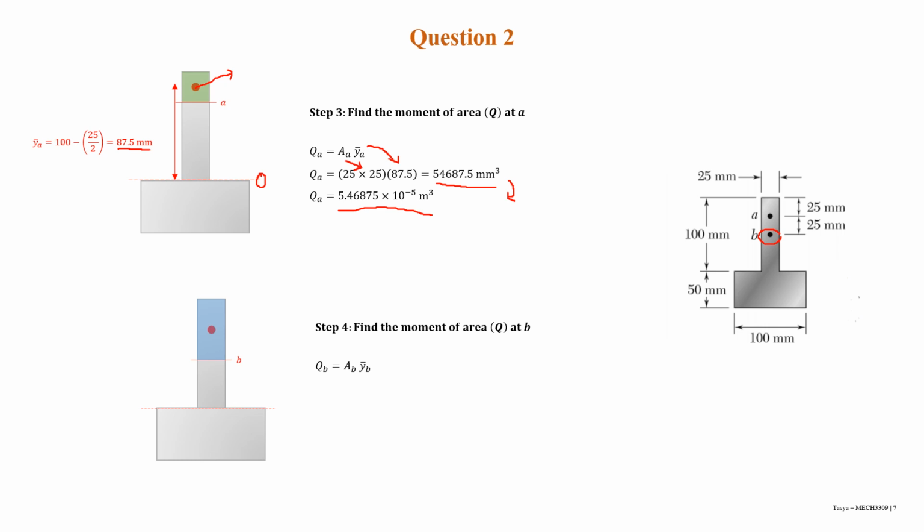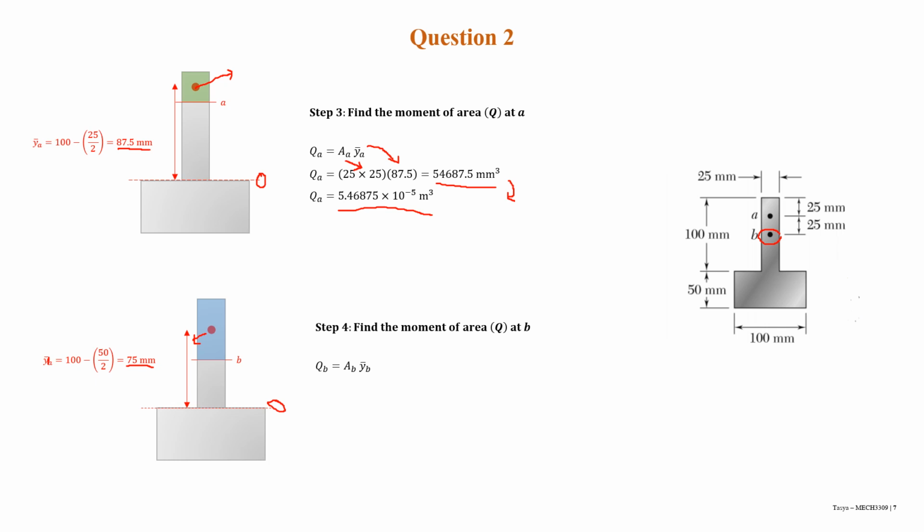The y, same as before, is the distance between the section centroid, this one, to the center of area B, this one. So the YB, sorry, this one is a typo, this should be YB, is equal to 100 minus 50 over 2, which is 75 millimeter.